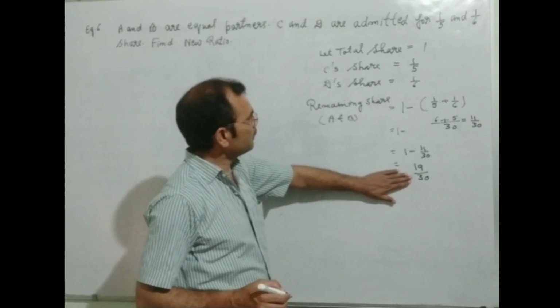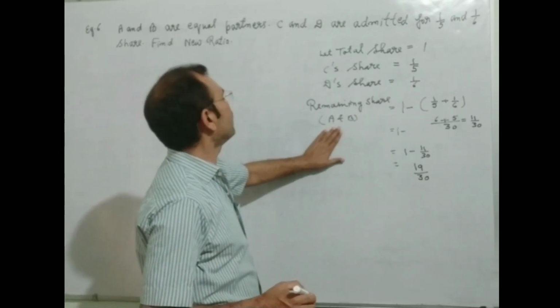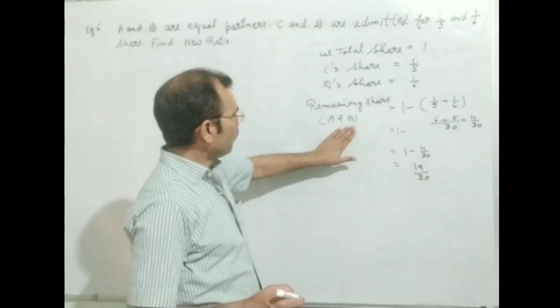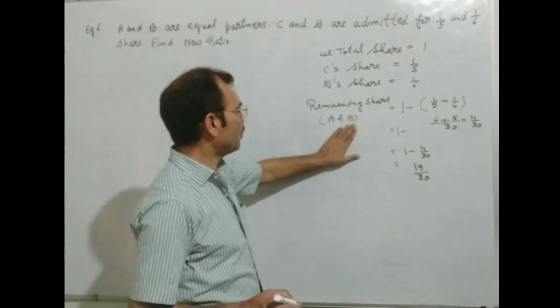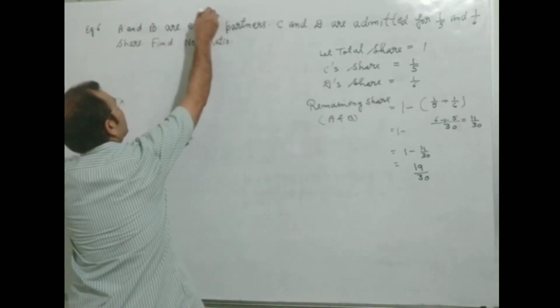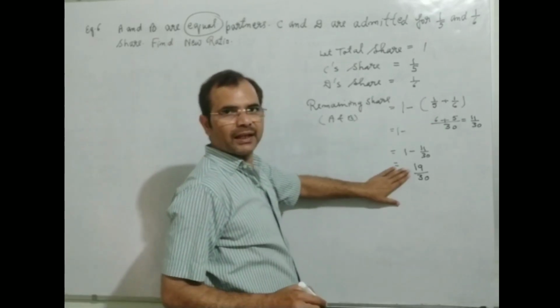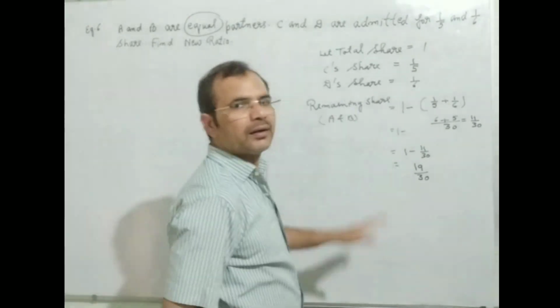This 19 upon 30 share will belong to the two partners A and B. Now, what share of A will be and what share of B will be? Because they are equal partners, this is written in the question, so we will divide this 19 by 30 into equal parts.